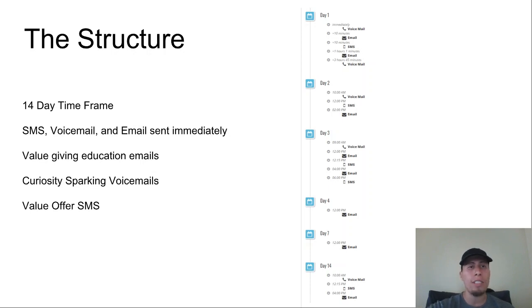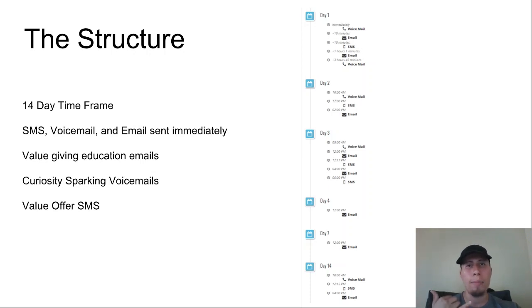It's basically a 14-day time frame, and it consists of SMS, voicemail, and email that's sent immediately. So on the front end, once they opt in, they're getting a voicemail. On the voicemail, they basically are being encouraged to call them up, just in case they have any questions that they can get answered.